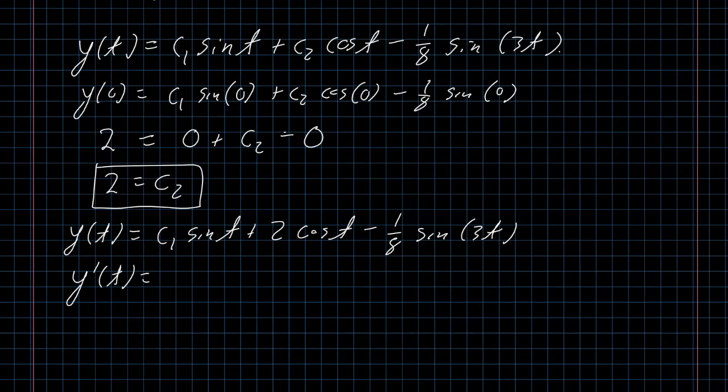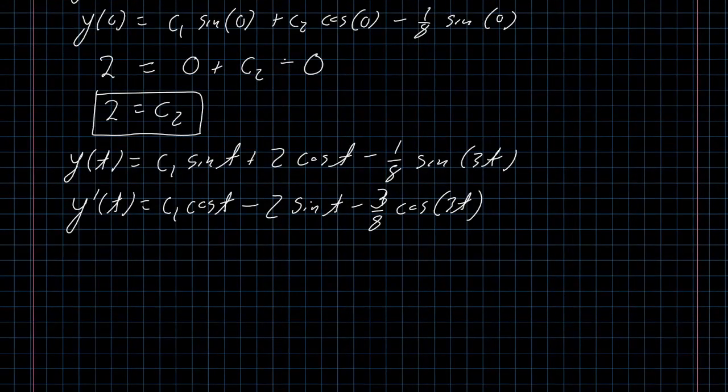Derivative of sine of t is cosine of t. Derivative of cosine of t is the minus of sine of t. And derivative of sine of 3t is 3 times the cosine of 3t.